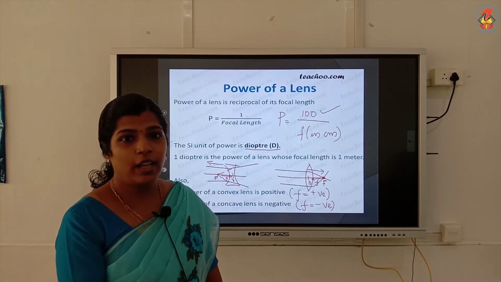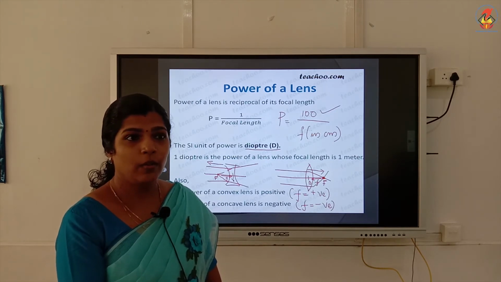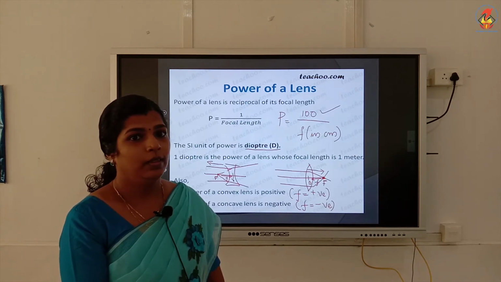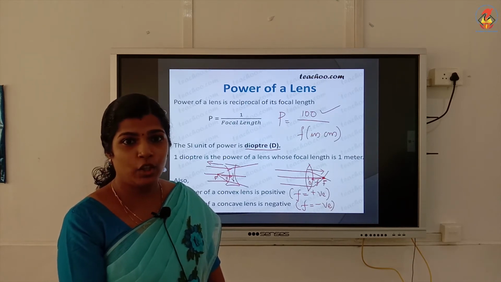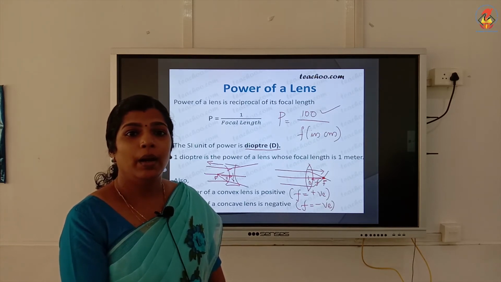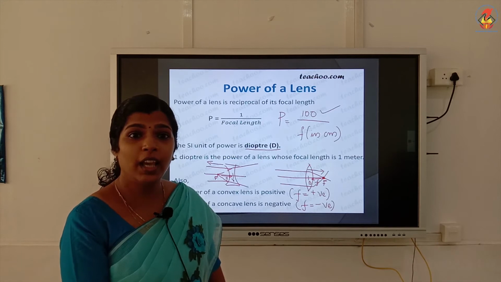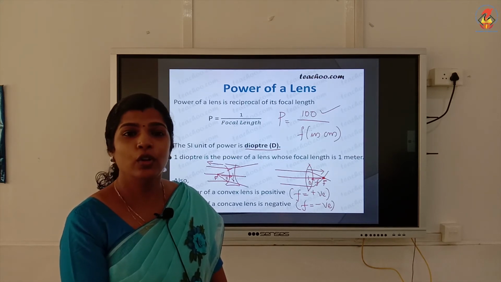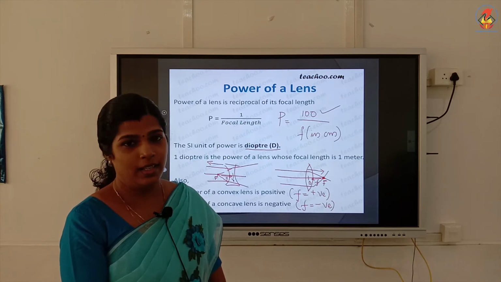Then if a negative value is there, suppose minus 1.5 diopter, that represents a concave lens, because power is negative for a concave lens.